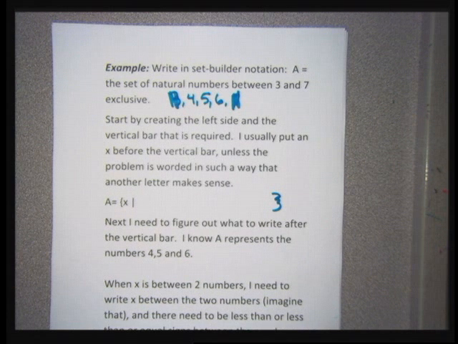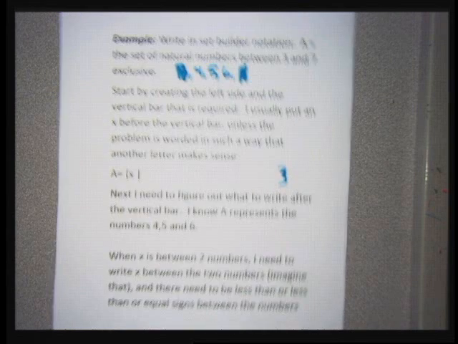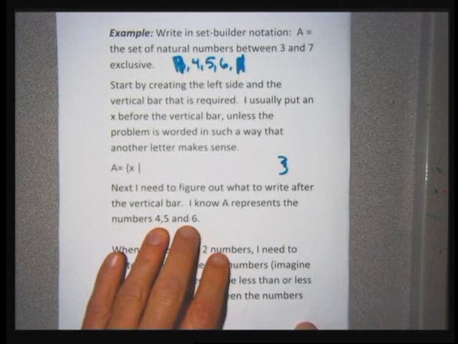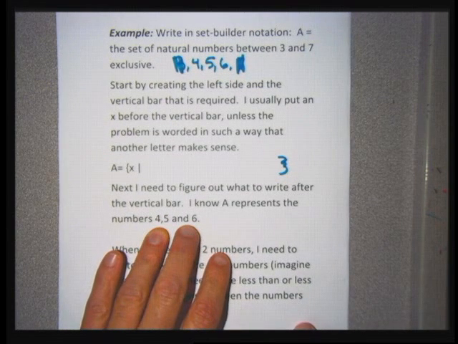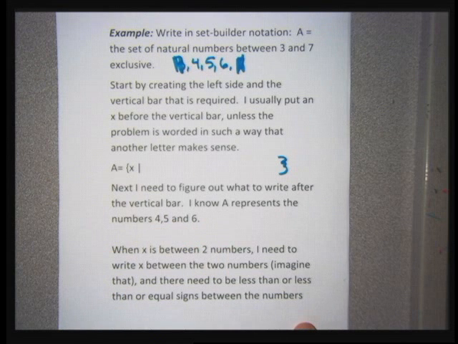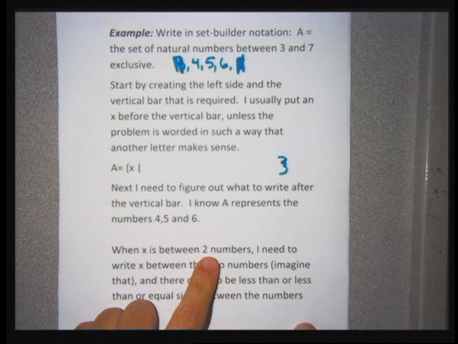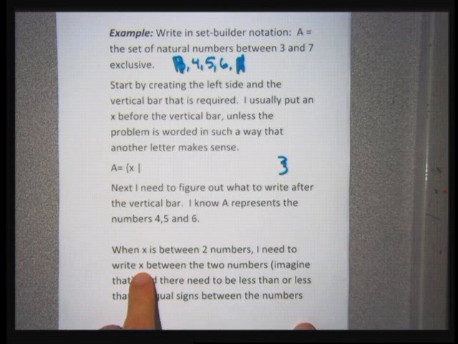Probably the nicest way to write this, when a set is a range of numbers, you usually can write that range with inequality signs. And when x is between two numbers, the nice slick way to write it is to write the x between those two numbers.